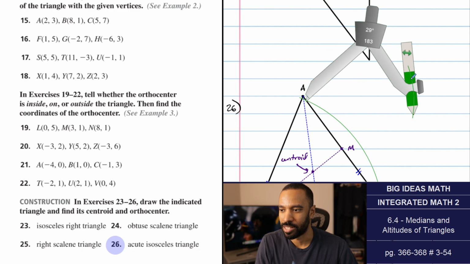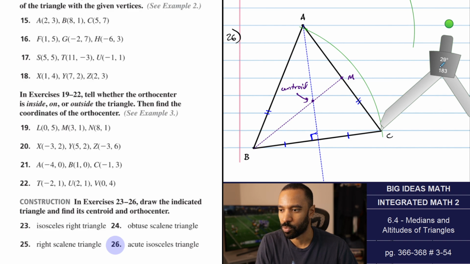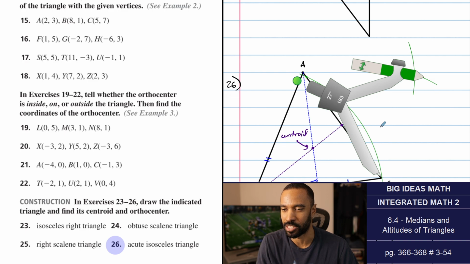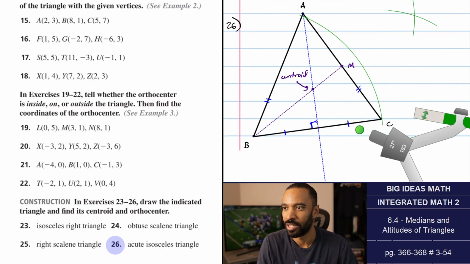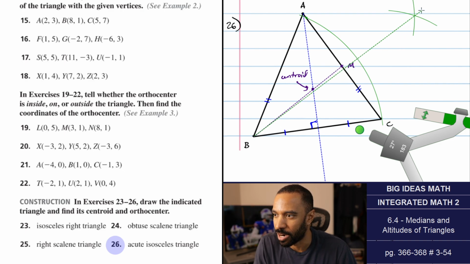All right. Where does this guy intersect with this guy? This one won't be perfect because you can see how it extends beyond C a little bit, but that's just because of the way that this compass thing snaps. I can't do anything about that. But I can make it as close as I so wish. So B, from B through to there, boom, nearly the same, but not quite exactly the same.